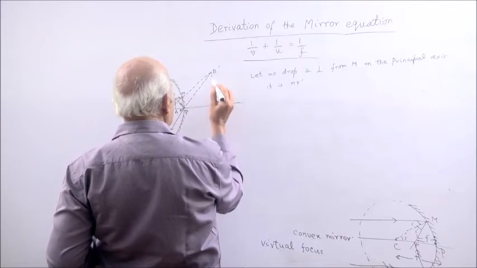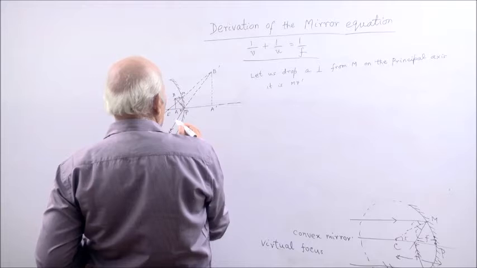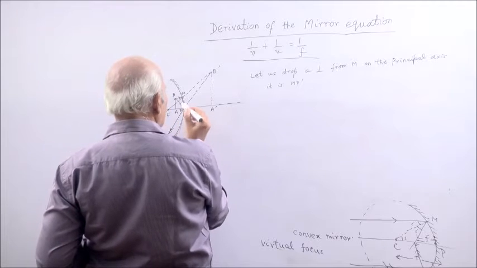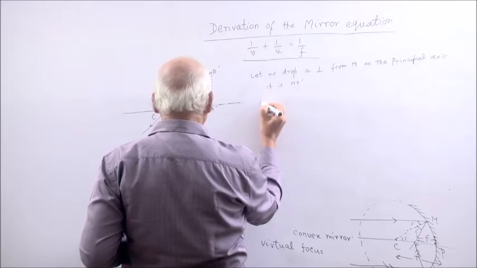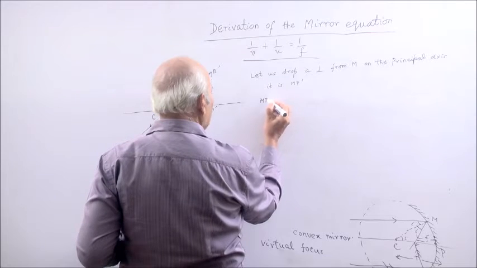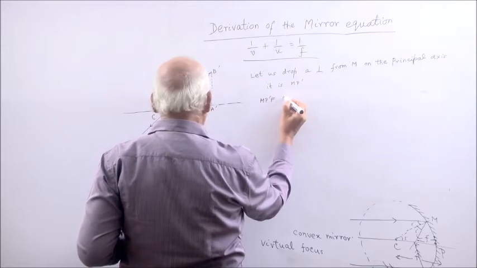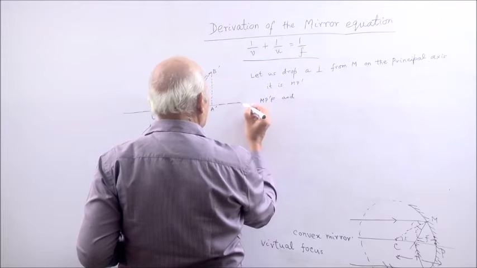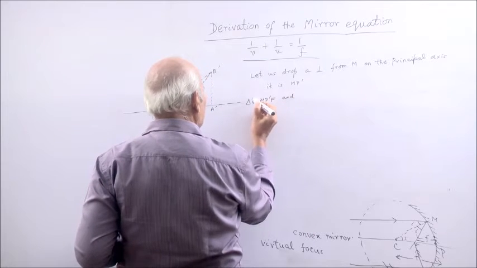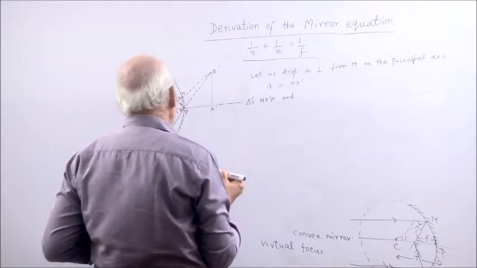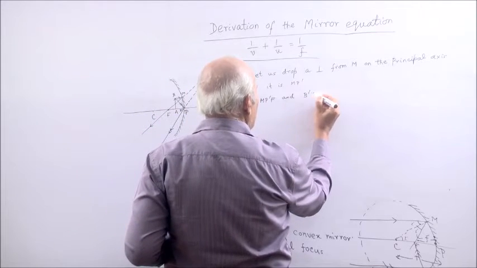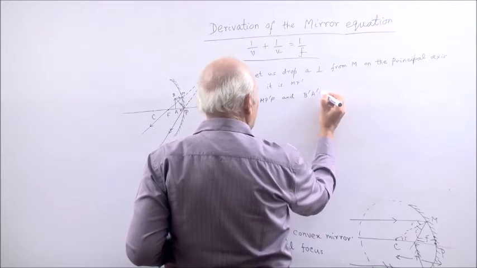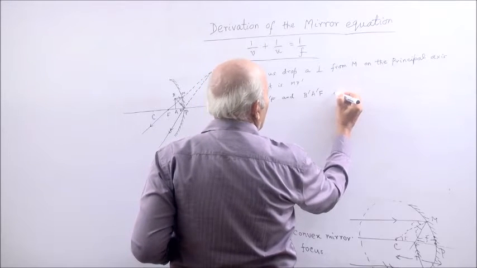From this, what we do is find two triangles which are similar to each other. If you take triangles M P dash F and B dash A dash F, they are similar.